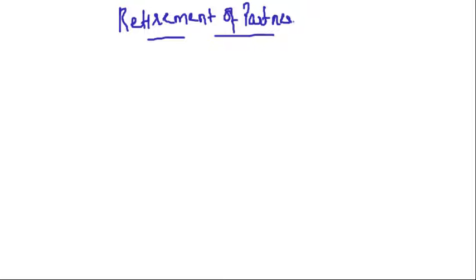Friends, we were discussing the chapter of retirement of a partner, right? In this chapter, what we have done so far is the calculation of the new profit sharing ratio.